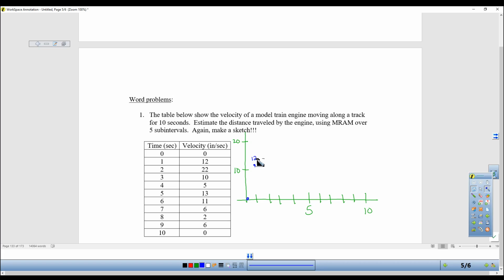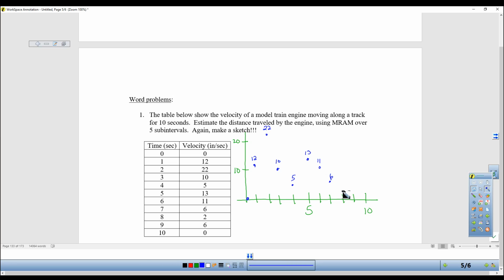I go up to 12. At 2, I go up to 22. And that's all I do. I just put the number on top. 3 is down here at 10. 4 is down here at 5. 5 is up here at 13. 6 is 11. 7 is 6. So comparatively, I just wanted to make the 6 a little higher than the 5.